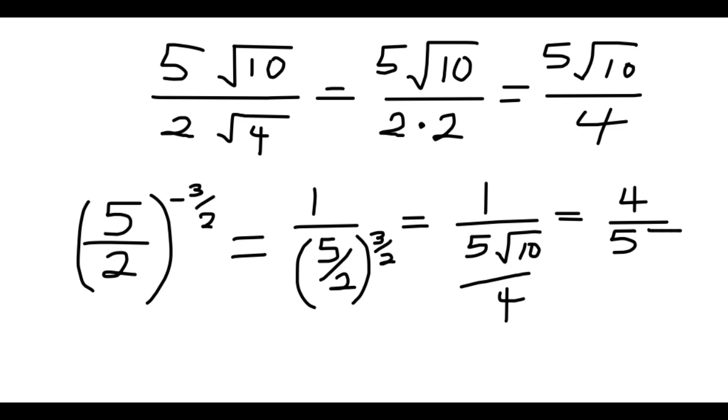From this expression, 4 over 5 square root of 10 can now be rationalized.